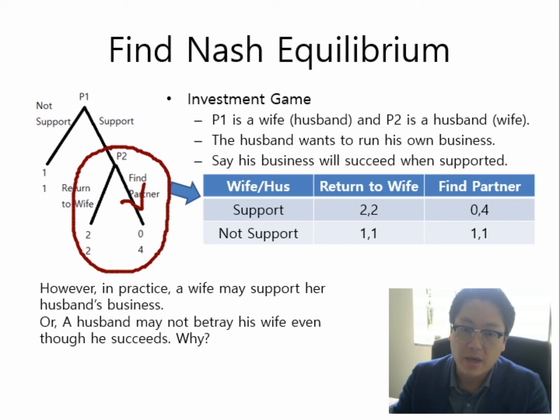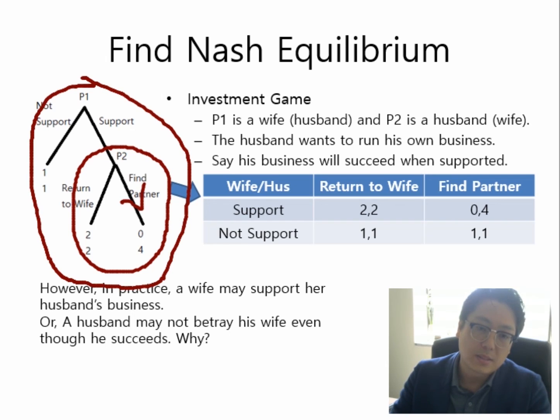So it has 2 subgames, because this is another information set. This is an independent information set. This is also an independent information set. So here are two subgames.